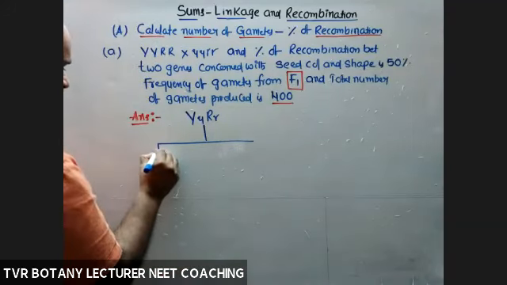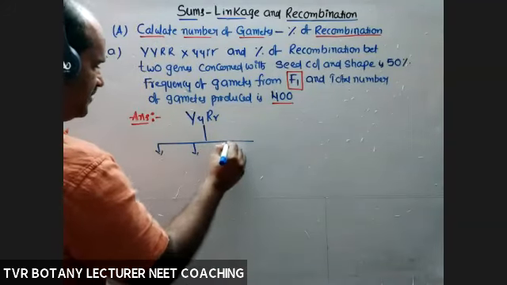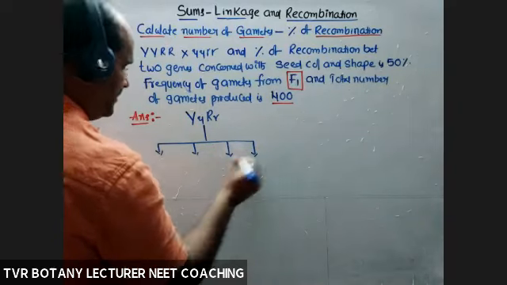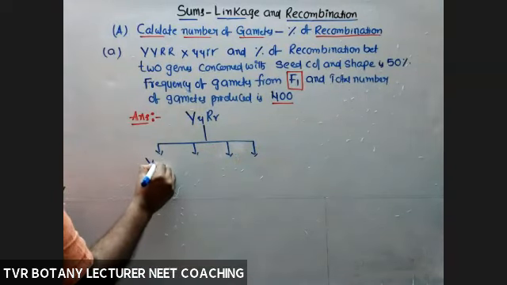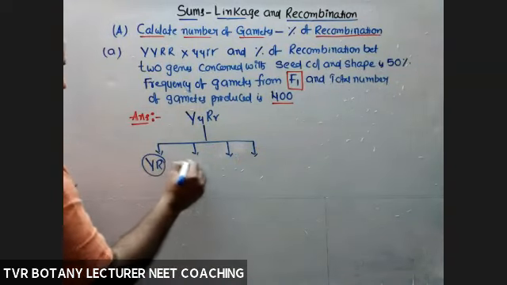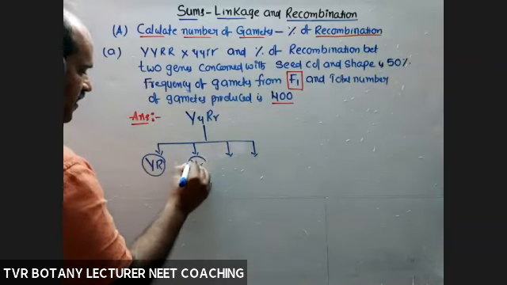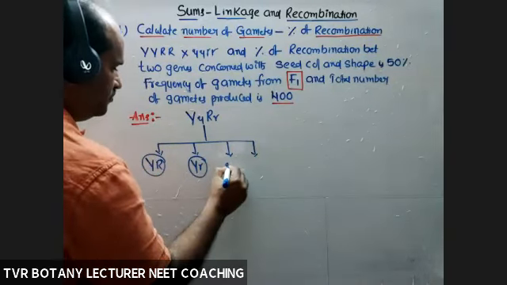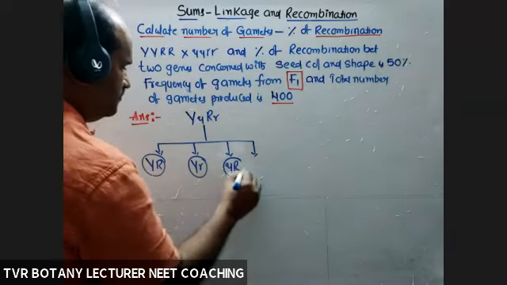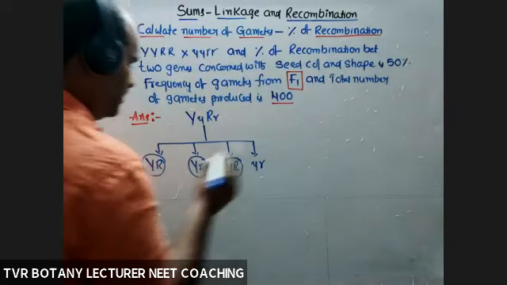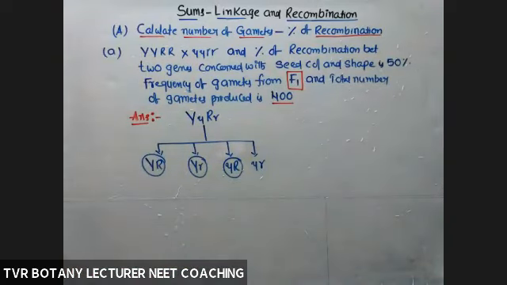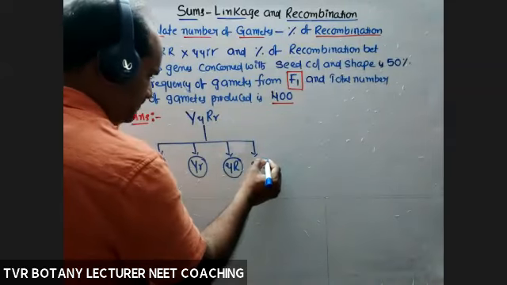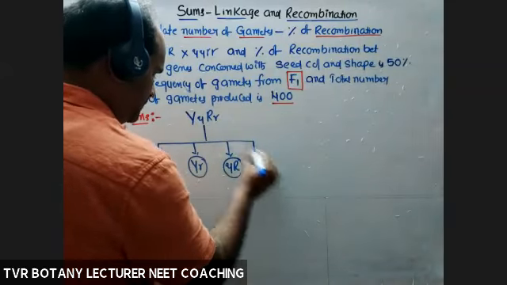First, decide the kinds of gametes: capital Y capital R, capital Y small r, small y capital R, small y small r. So here 4 kinds of gametes. This is well known to you.